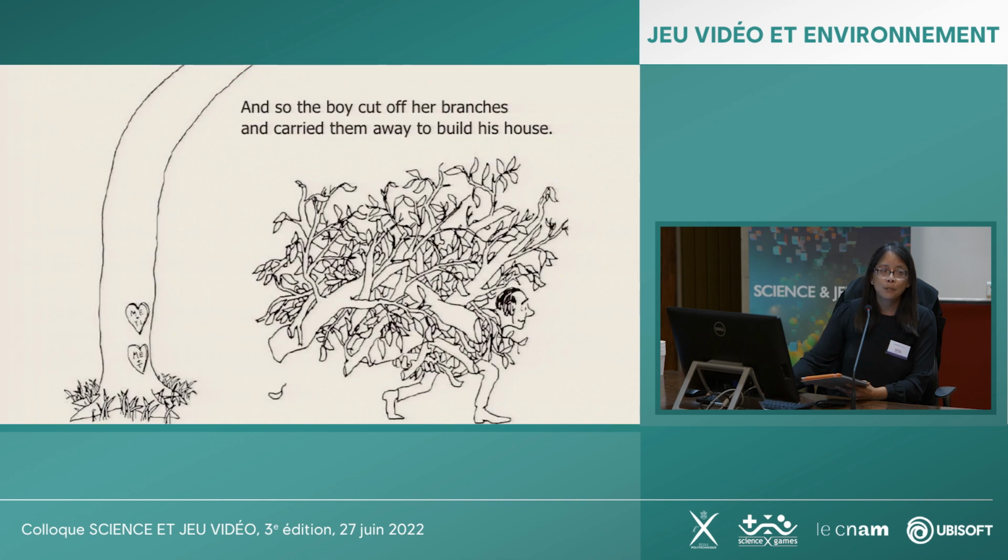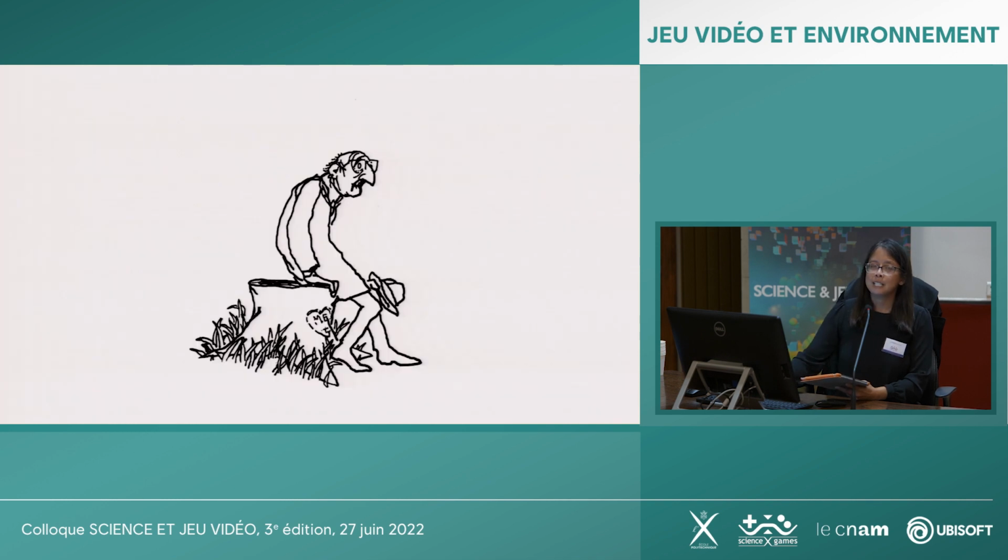He wants a home so that he can marry and have a family. And so she lets him cut down her branches and build a house. She lets him cut down her entire trunk to build a boat, et cetera, and at the end, he returns as an old man. He doesn't want anything anymore except a place to rest. And so she's just a stump, but she says, you can sit on me, right?